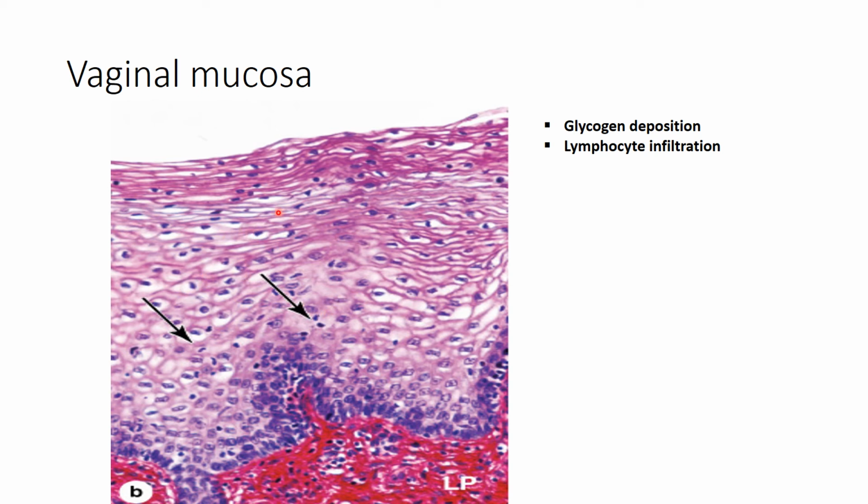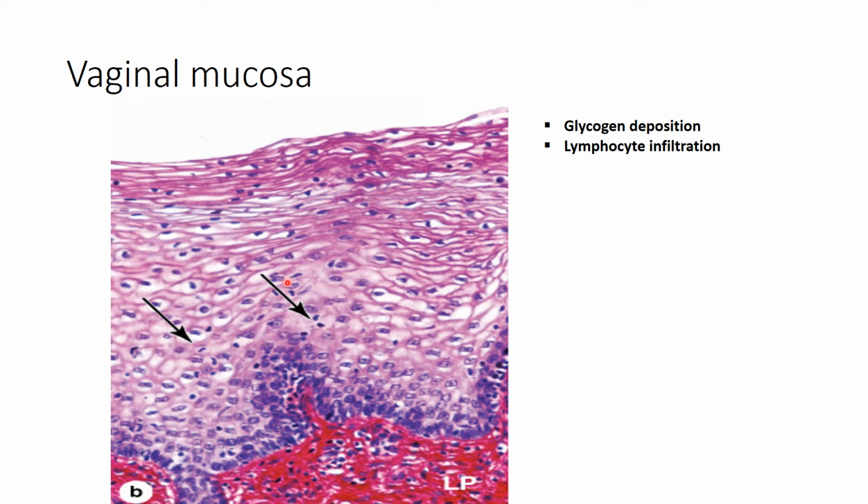This vacuolation is more in the superficial layer, and the deeper layer is devoid of glycogen deposition. Also, there is lymphocytic infiltration, clear here. So this lining epithelium as well as the lamina propria underneath is highly cellular because of these lymphocytes.